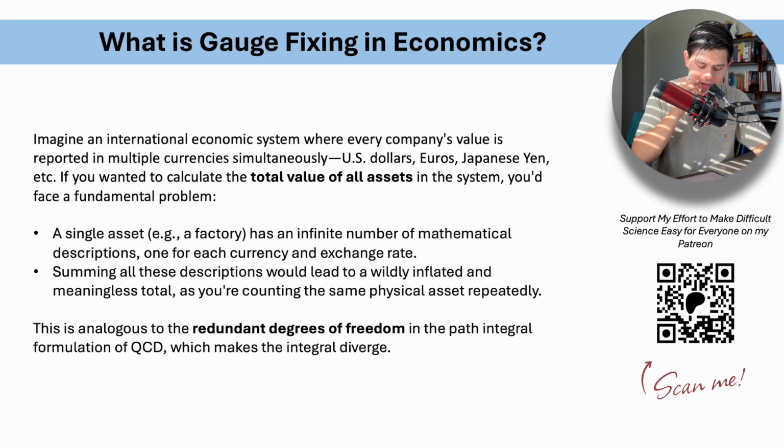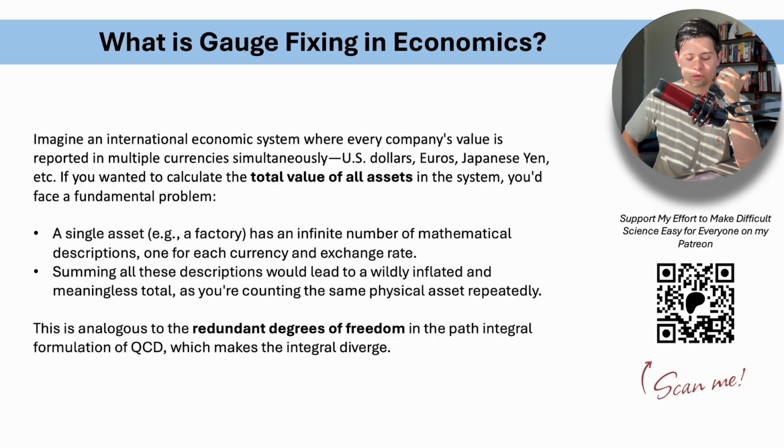So another good economic model, I think, that helps here is to imagine an international economic system where every company's value is reported in multiple currencies simultaneously. So we can measure the value of a company in US dollars, in euros, Japanese yen, whatever. If you decide to calculate the total value of all assets in the system, you'd face a fundamental infinity problem. You're adding all of this together, okay? And you just get to infinity.